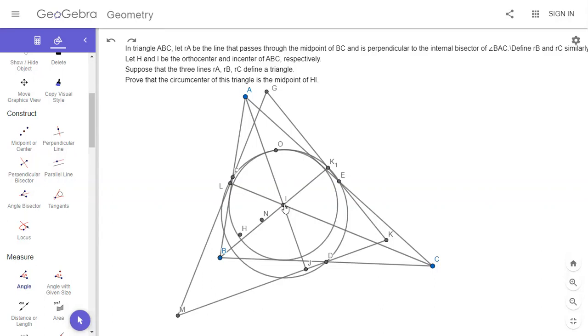Is I the in-center of GMK? I don't think it is. Maybe it is. Oh gosh. No, I is not the in-center. But what's really interesting is this angle bisector. It looks like it. Let me check if there's a concurrence here. No, I don't think so.